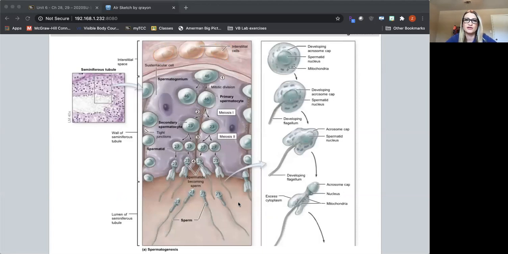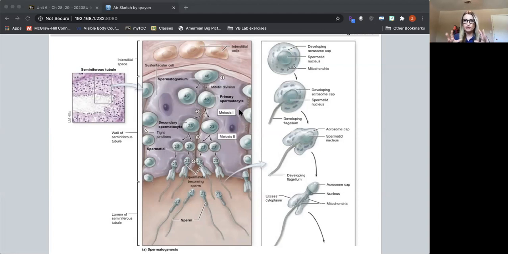In the males, the beginning of the word has spermato. Okay, and then the other things are the same. So we begin with a cell known as the spermatogonium. Spermatogonium is a diploid cell. It has 23 pairs of chromosomes, and it divides by mitosis.